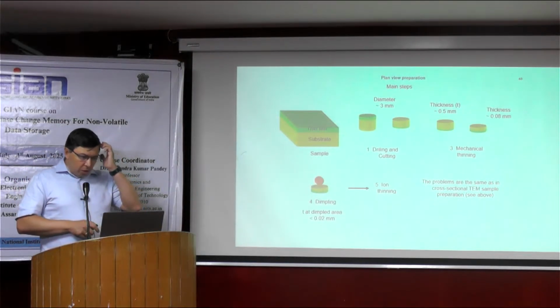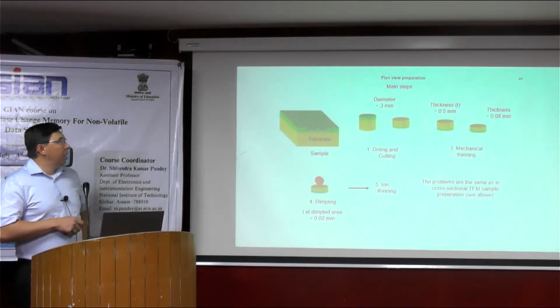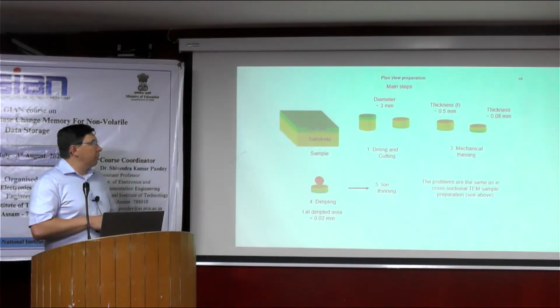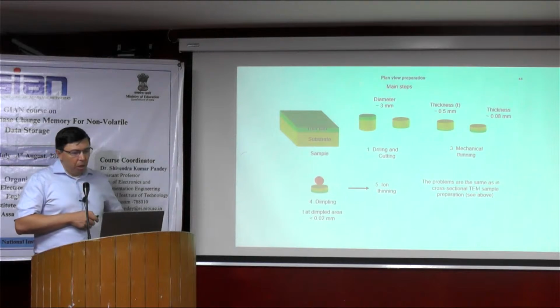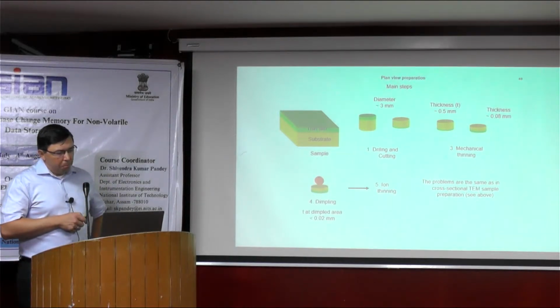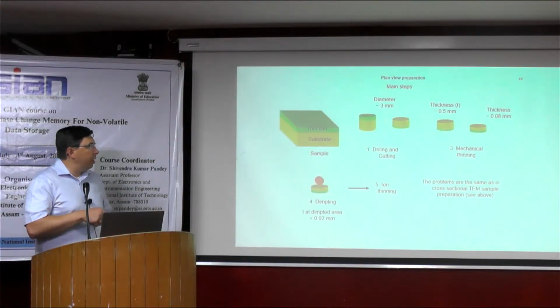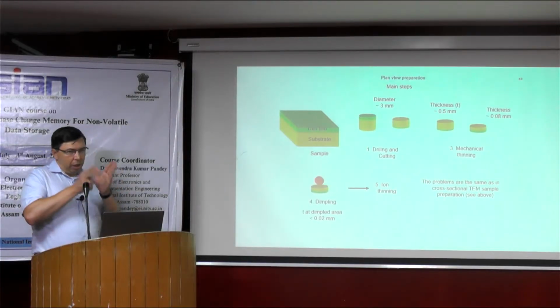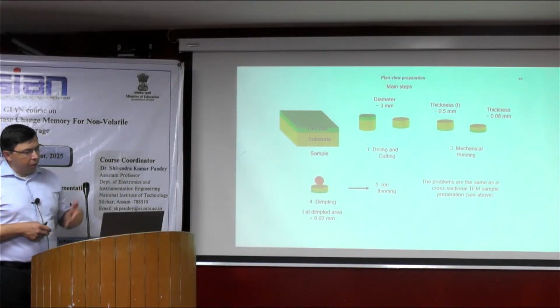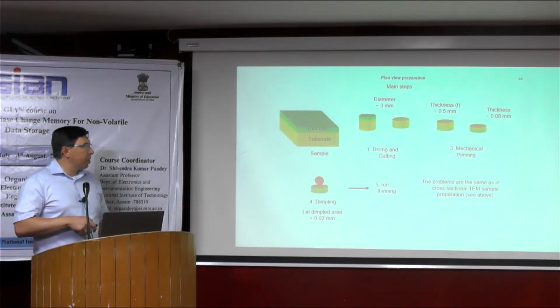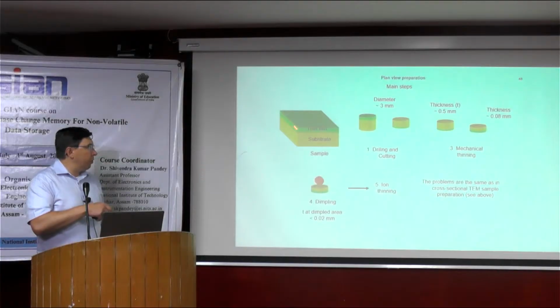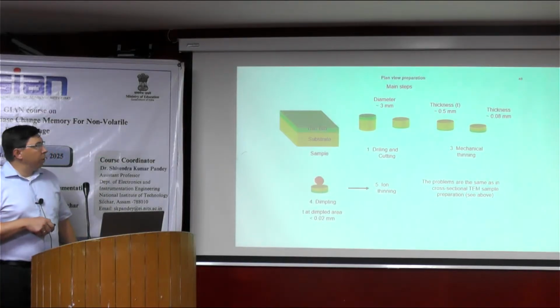Now the preparation of plan view specimens is also based on ion beam, and this is pretty much the same as before. As for cross-section, instead of slicing blocks and cutting your specimen into several pieces, you're interested in this surface, and you cut your block with a special machine.